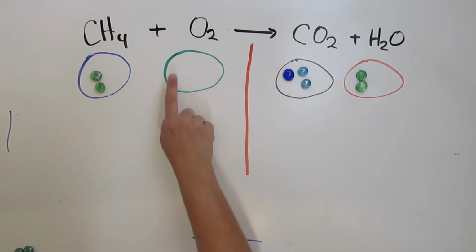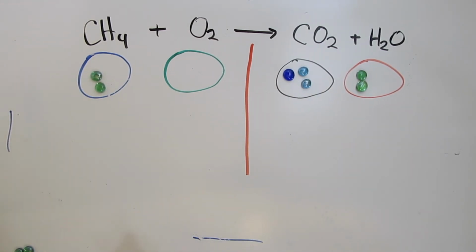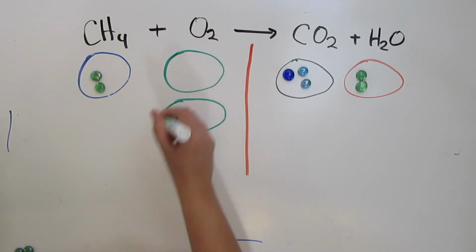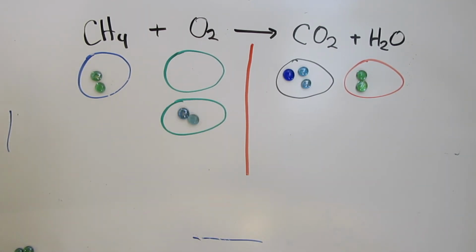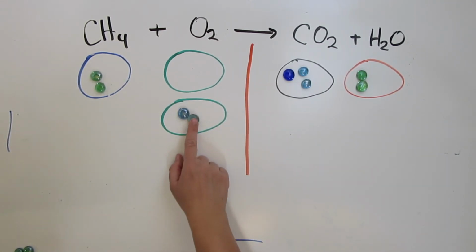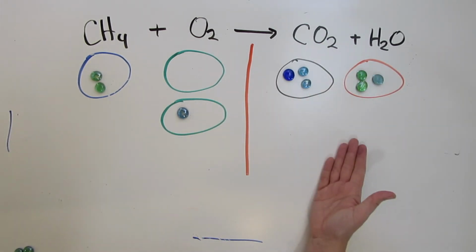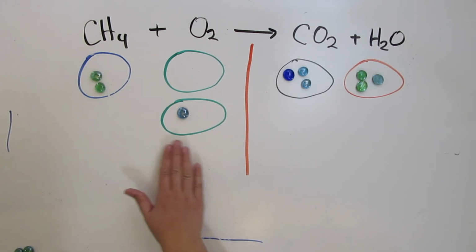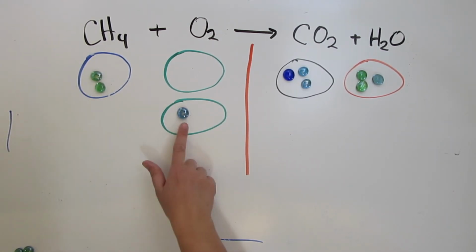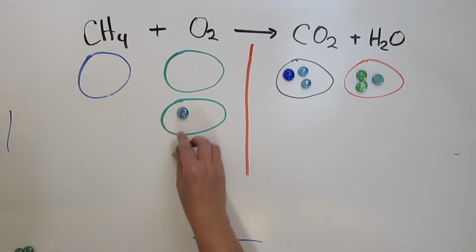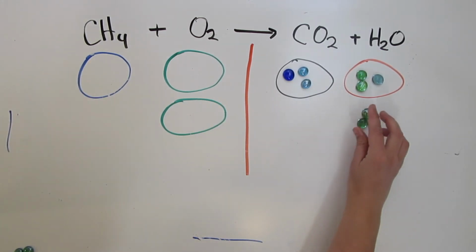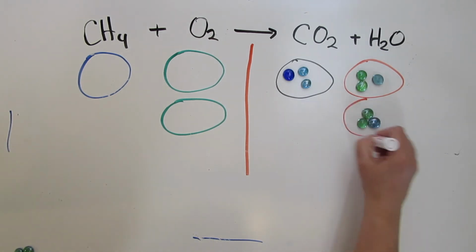We don't have an oxygen over here, so we should have probably started with two oxygens. If we started with two oxygens, then we would have one left over to make the water. Are we done yet? No, we're not done, because we still have some reactants left over. We still have two hydrogens and an oxygen. Well, two hydrogens and an oxygen are just another water.